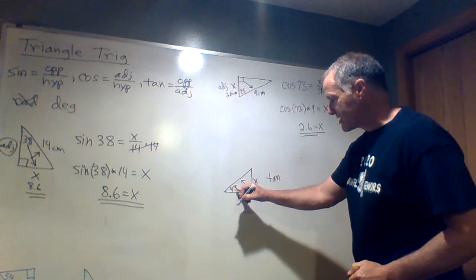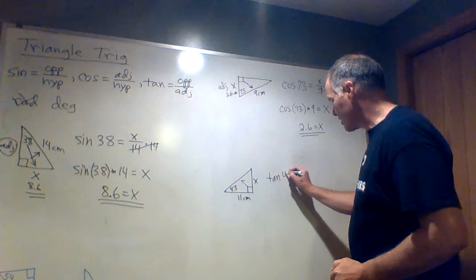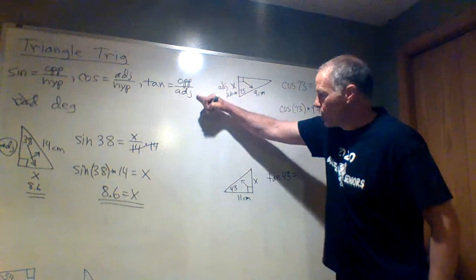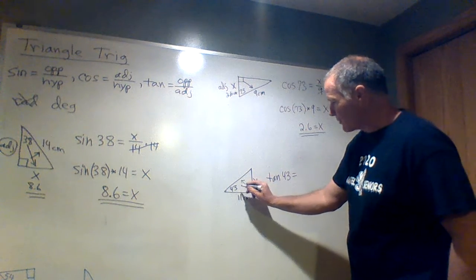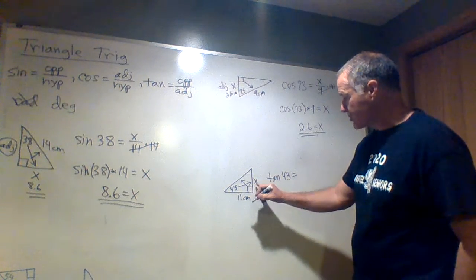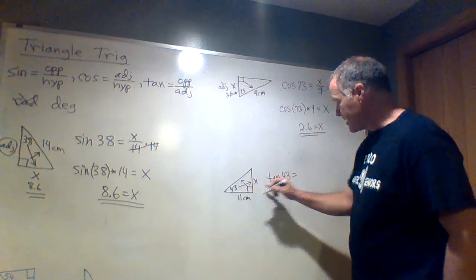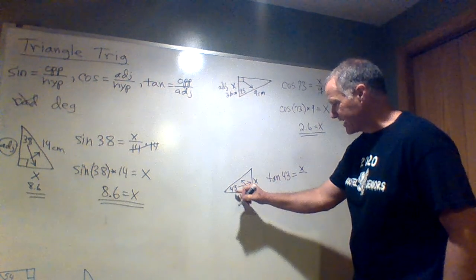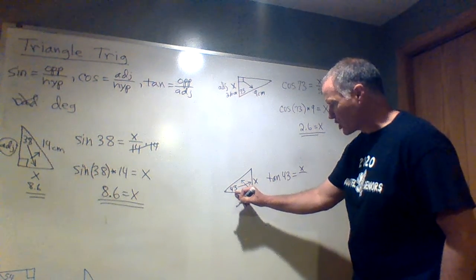Now, our angle, you can see 43, so tangent of 43. Now, again, opposite over adjacent. Here's 43. Remember, opposite means on the other side of the triangle, so x is my opposite. And then look, 43 and 11. See how they're next to each other, adjacent?